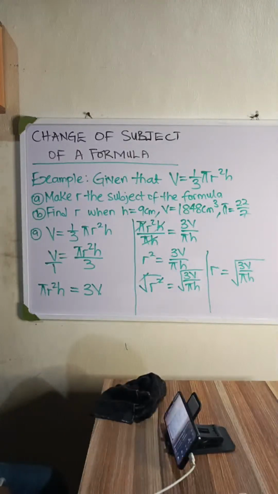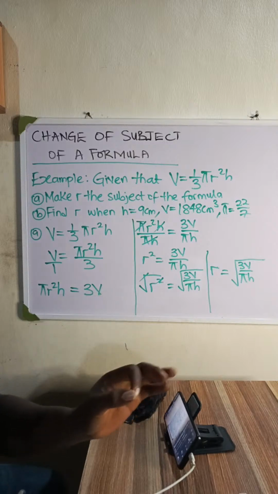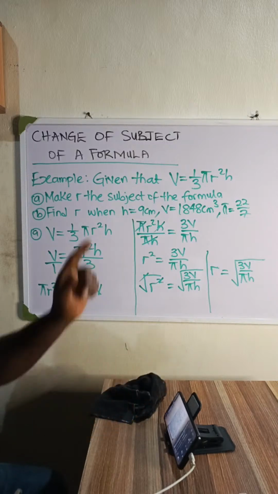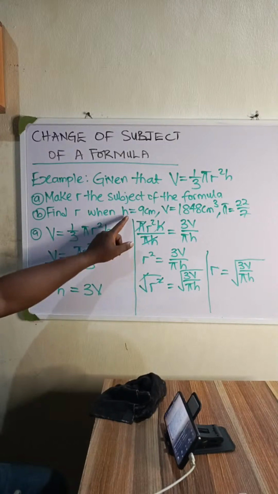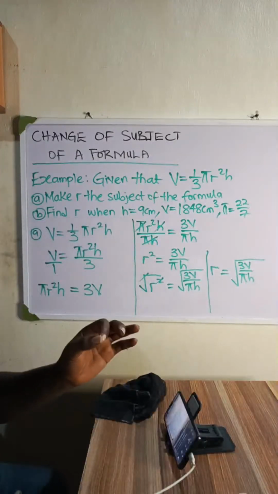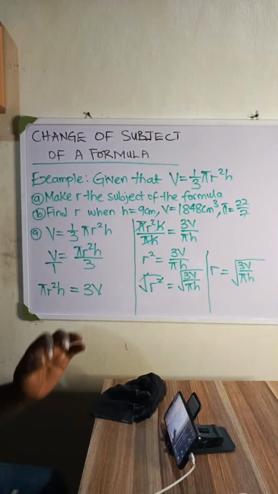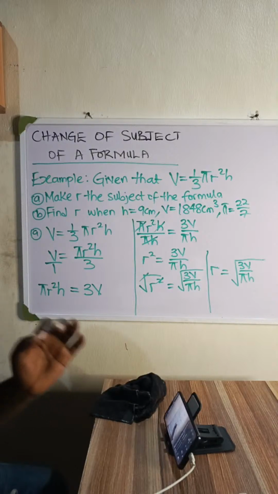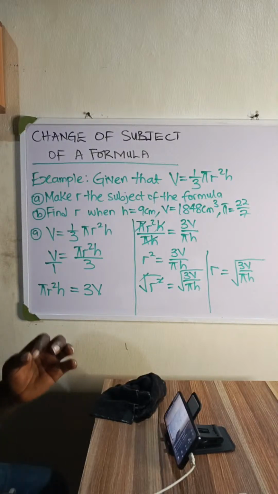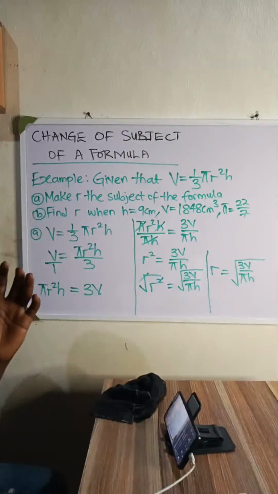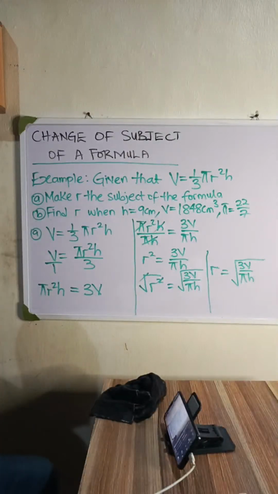Substitution means wherever I see a particular variable, I'm going to replace it with its equivalent. Wherever I see H, I replace it with 9. Wherever I see V, I replace it with 1,848. Wherever I see pi, I replace it with 22 over 7.